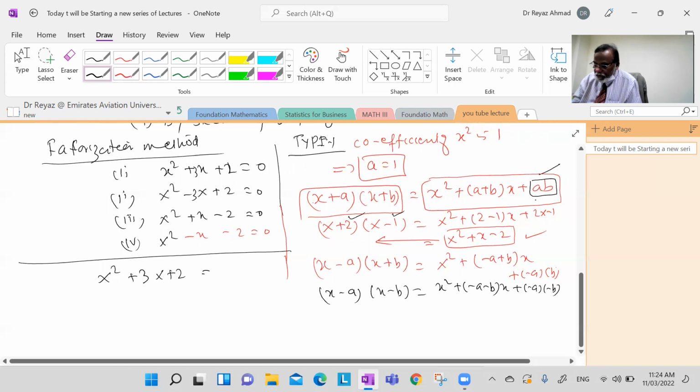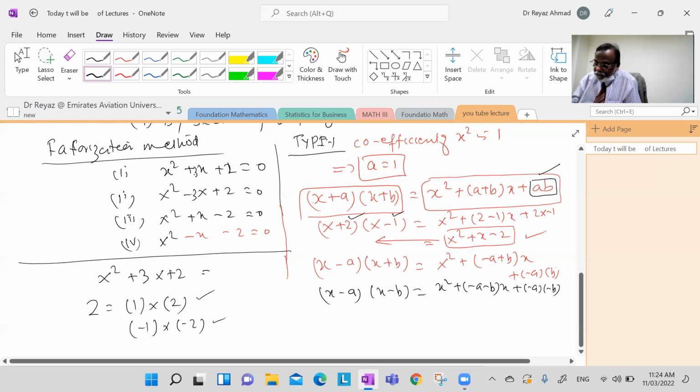So what are the two numbers that, when multiplied together, give me 2? Since it is positive 2, it has two possibilities: 1 and 2, and minus 1 and minus 2. Now, these two are the possible combinations. Which one will I choose? I will choose the one which, when added together, gives me the number I am looking for.